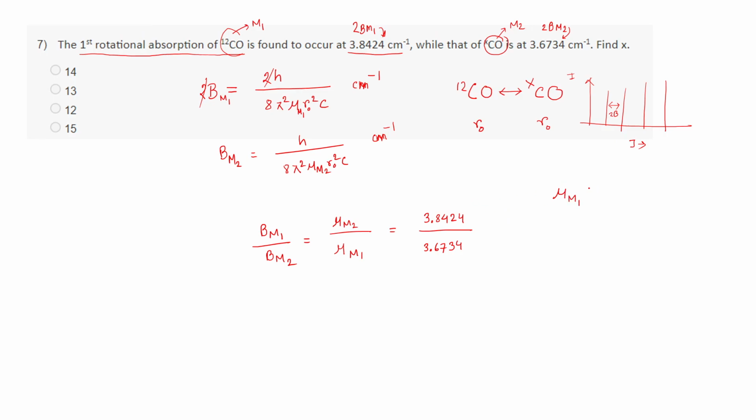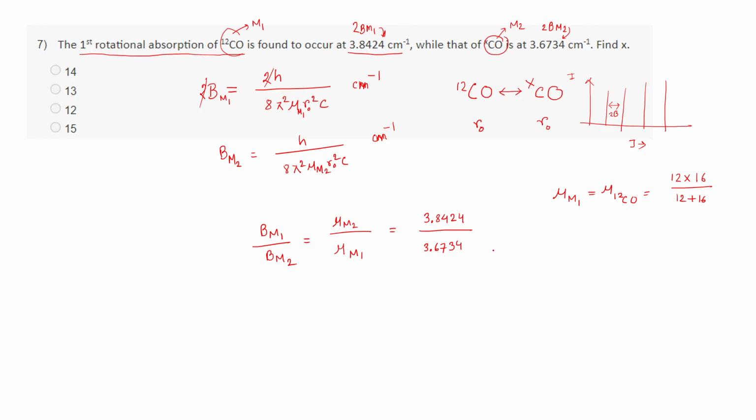Mu m1 means mu of 12CO. Can you tell me? And what is the atomic mass of oxygen? That is 16, right? It is m1 m2 by m1 plus m2, meaning 12 into 16 by 12 plus 16, right? I don't want to do that.